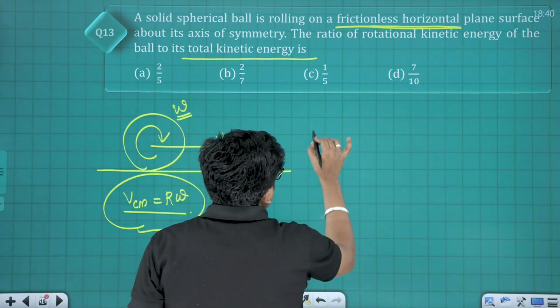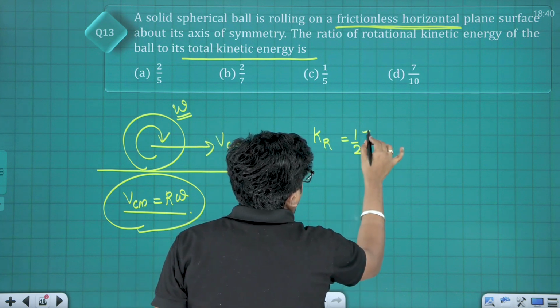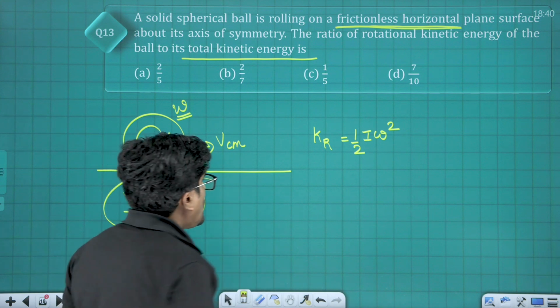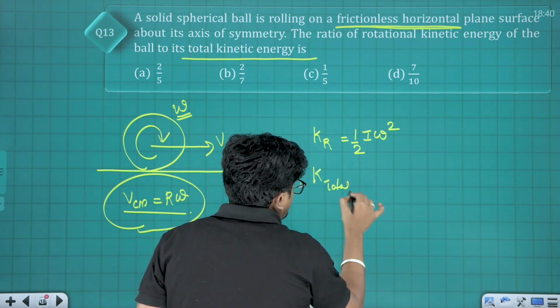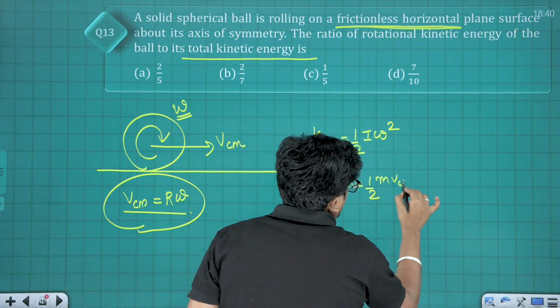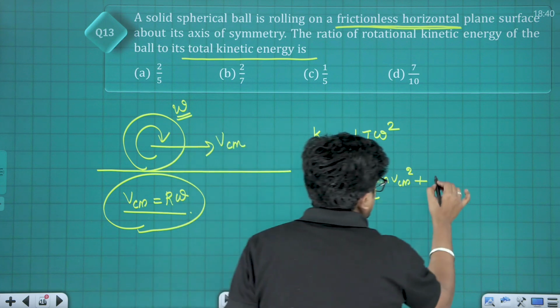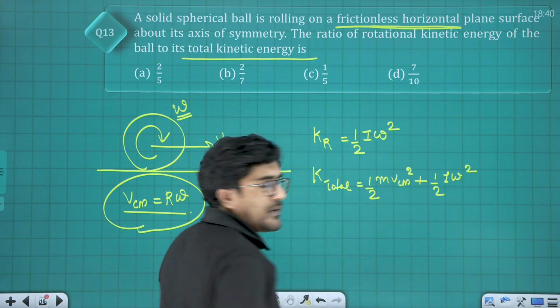Now, rotational kinetic energy, K suffix R, is going to be half of I into omega square. And total kinetic energy is going to be half of m into VCM square, that is translational kinetic energy, plus rotational kinetic energy, that is half of I into omega square.